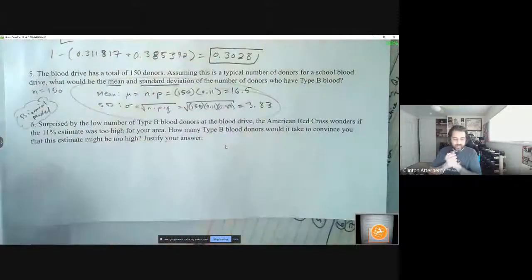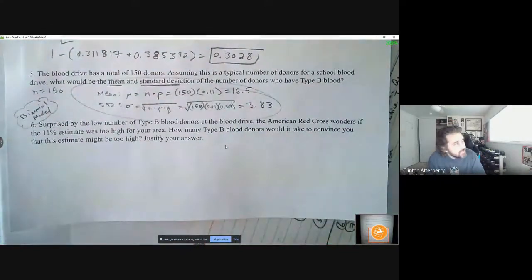Let me actually read the question. Surprised by the low number of type B blood donors at the blood drive, the American Red Cross wonders if the 11% estimate was too high for your area. How many type B blood donors would it take to convince you that this estimate might be too high?